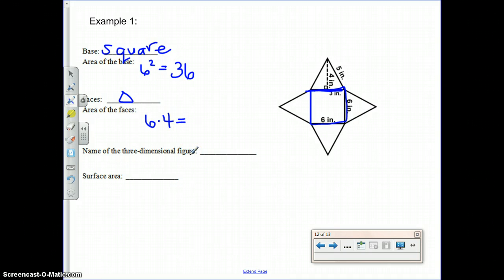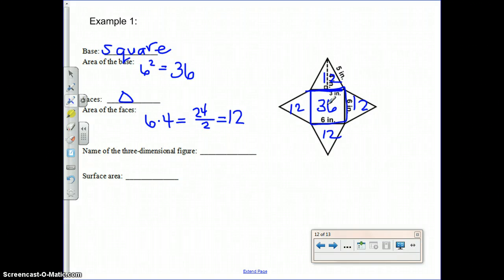And then we want to divide by 2. So 24 divided by 2 is 12. So each of these is 12 inches squared. And the center is 36 inches squared.